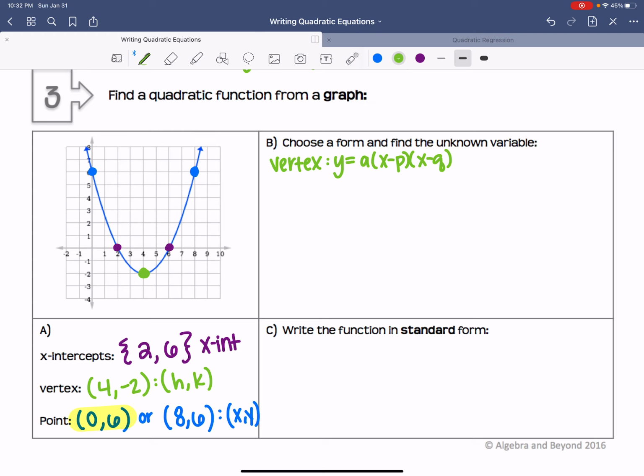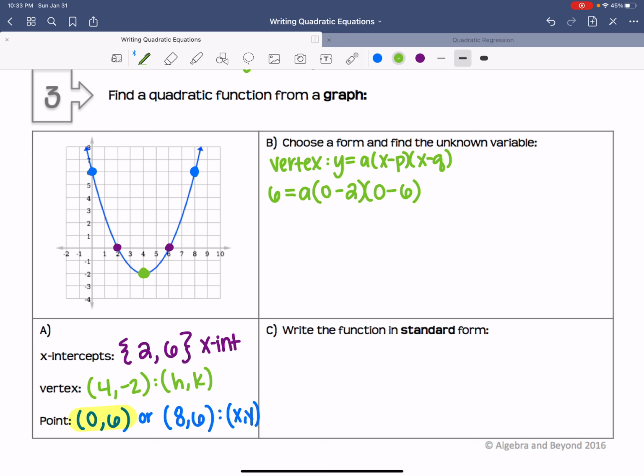All right, so we have y is 6. We don't know a. X is 0 minus. Now we're going to plug in our intercept. So I'm going to plug in 2. And then again, our 0 was x minus. Then I'm going to plug in our other intercept of 6.